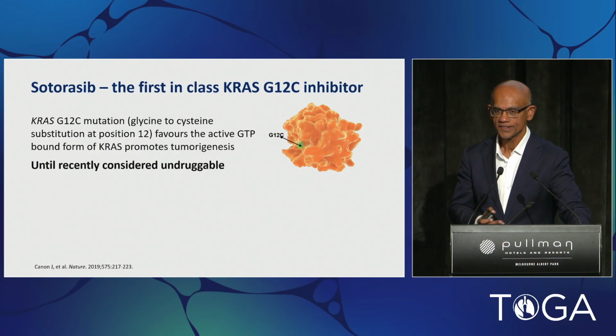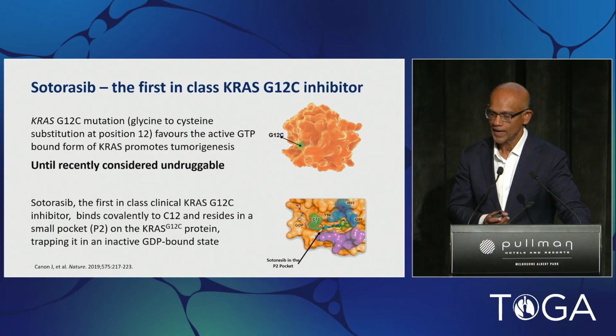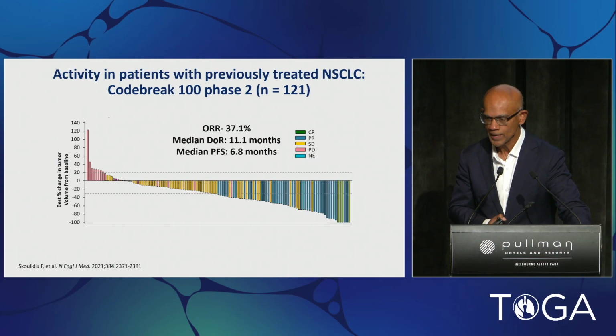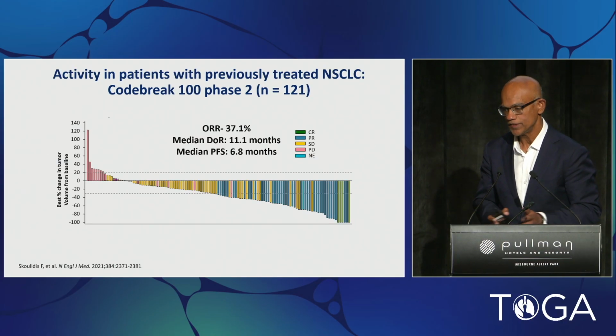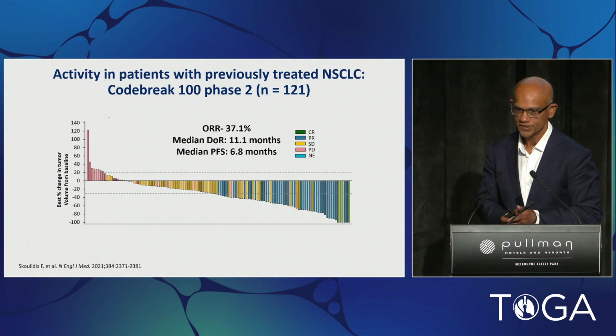So the first-in-class was sotorasib. It targets this KRAS G12C mutation. And there was very clever medicinal chemistry that identified a pocket on KRAS, which drugs can covalently bind and inhibit. And I think these data were remarkable when they were first described.